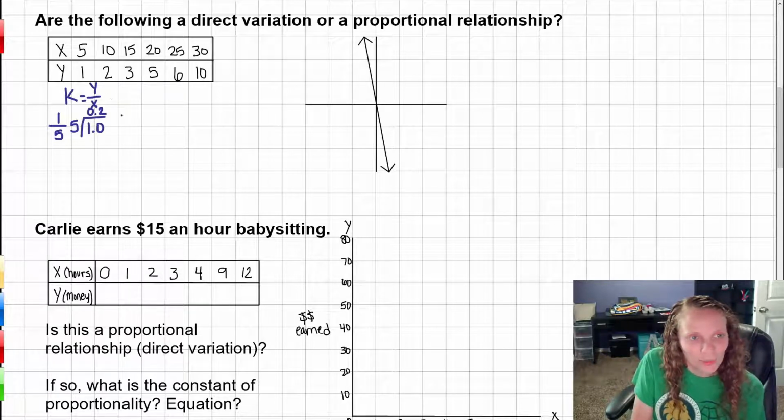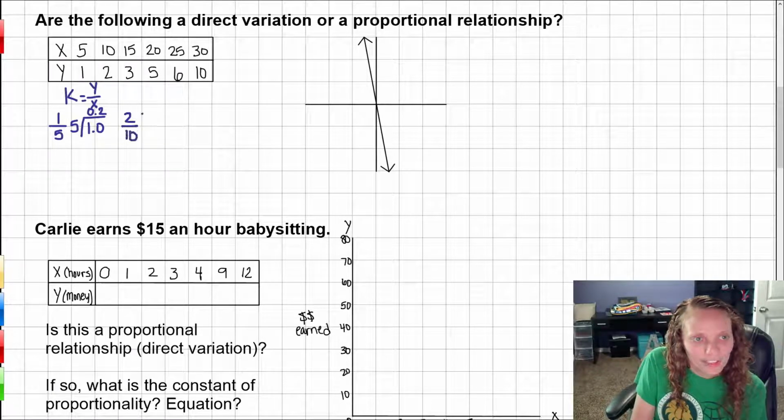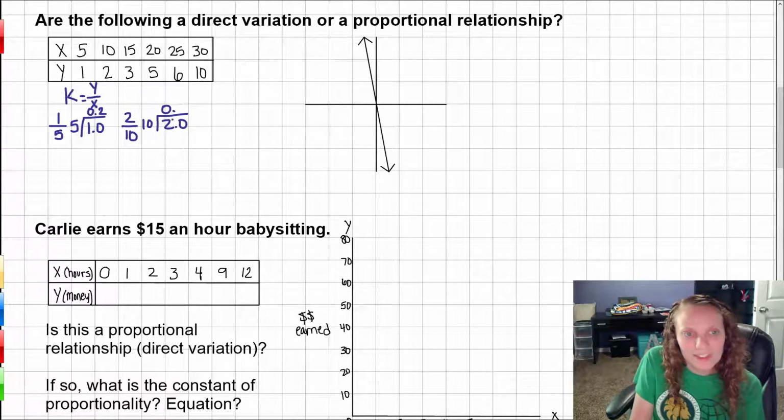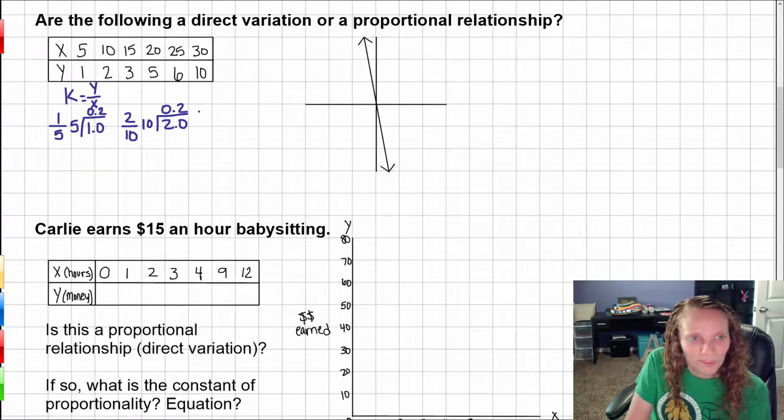Let's try the next one. So the next one will be 2 over 10. Divide. First in, last out. 10 does not go into 2. Add a decimal and a 0. 10 does go into 20 2 times. So far, we're getting the same number. We need to keep checking it.